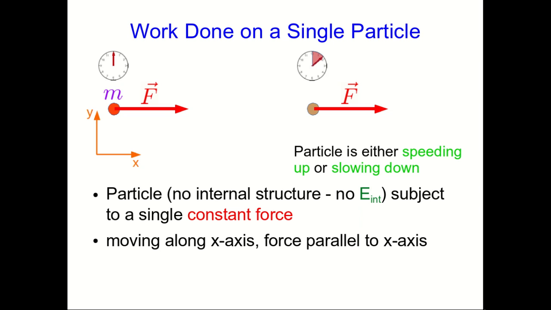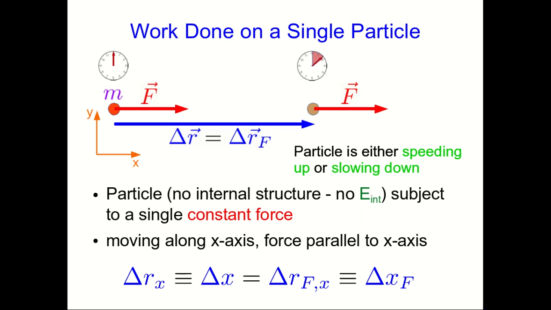So notice that because it's moving along the x-axis and the force is parallel to the x-axis, this particle must be either speeding up or slowing down, so its kinetic energy is changing. And because the force acts right at the particle, the displacement of the particle is the same thing as the force displacement vector.